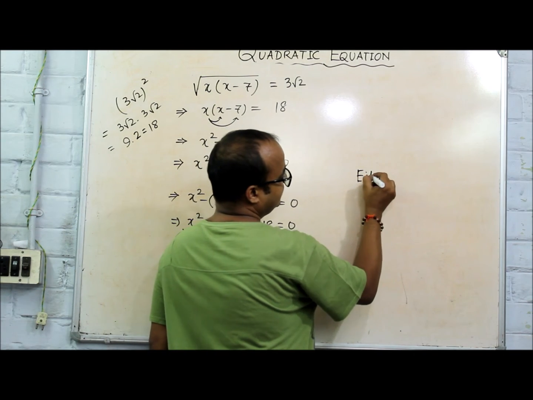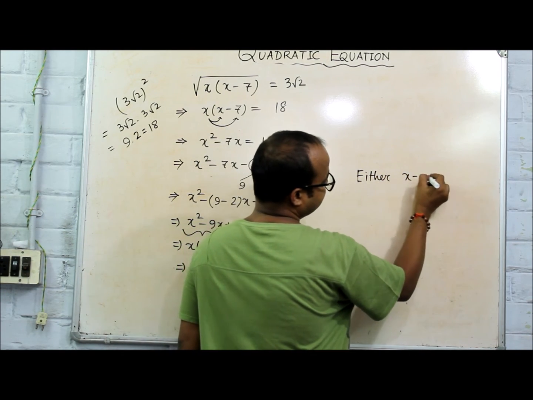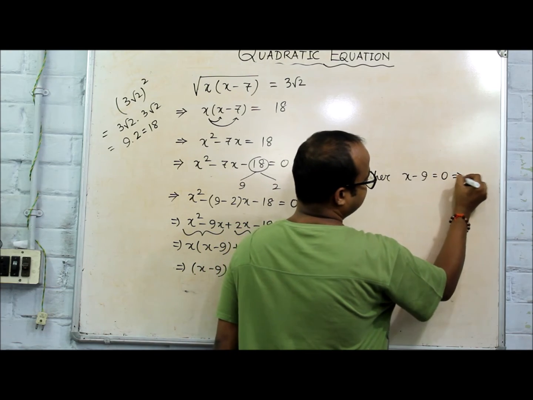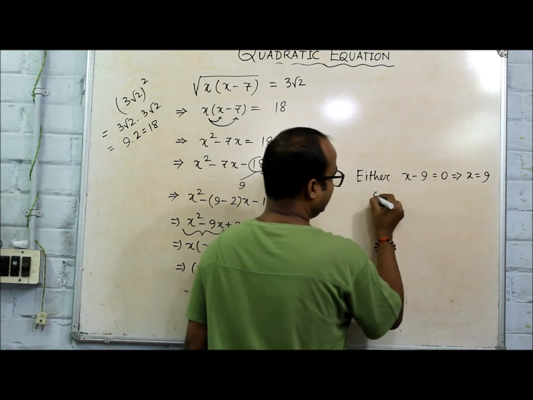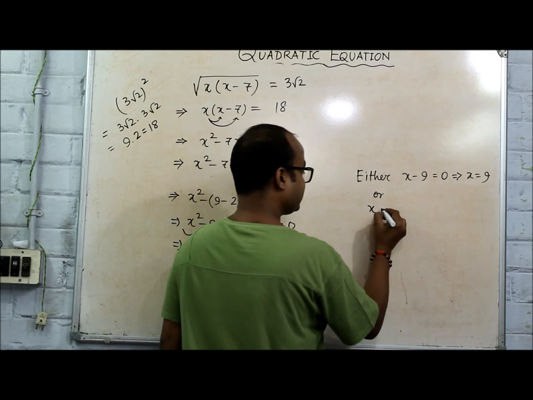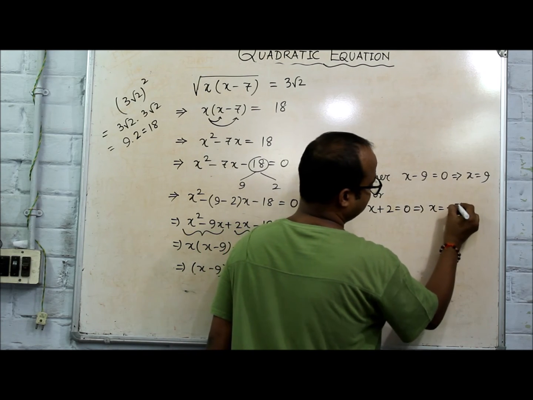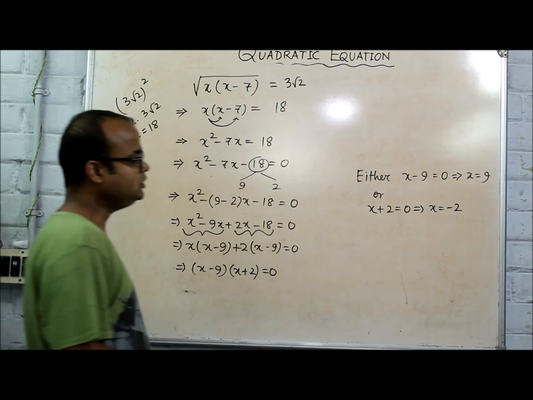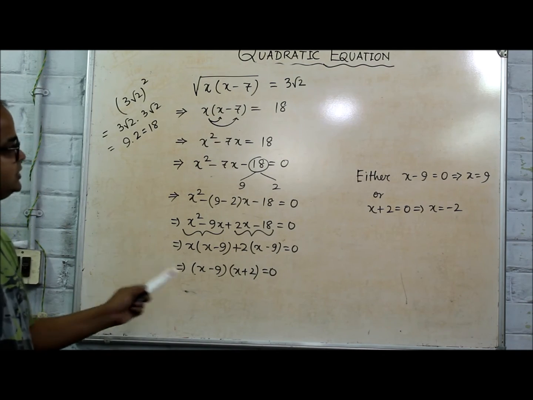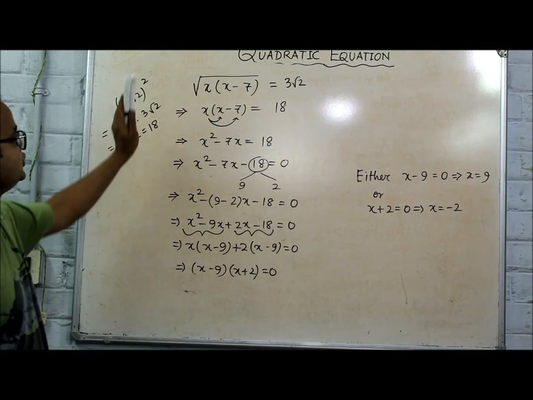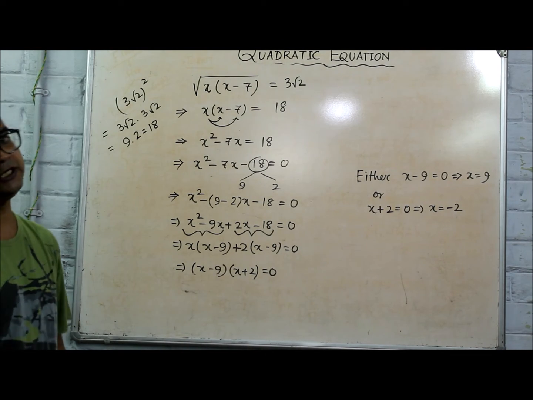So either x minus 9 is equal to 0, it implies x is equal to 9, or x plus 2 is equal to 0, it implies x is equal to minus 2. So 9 and minus 2 are the solutions of the given quadratic equation.